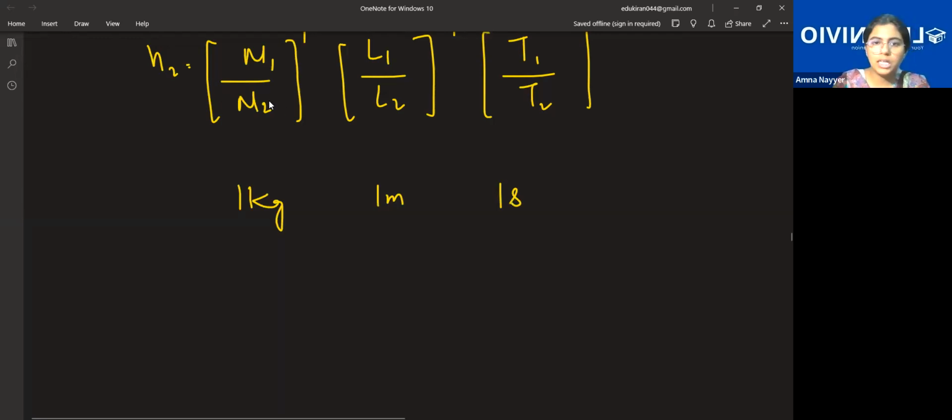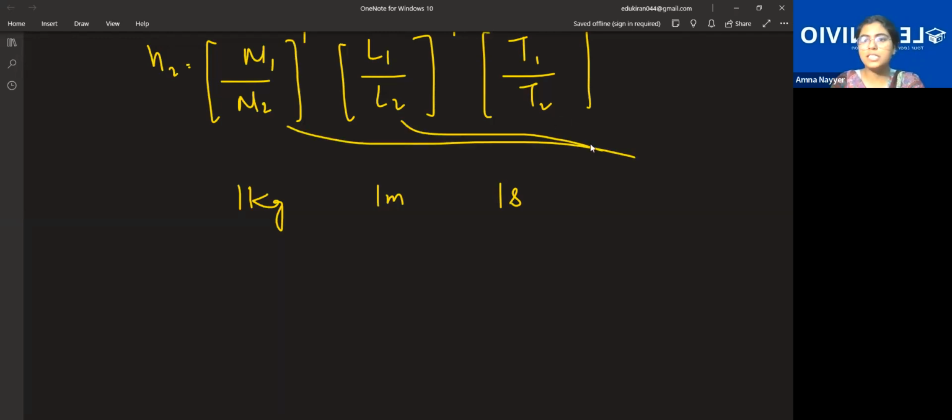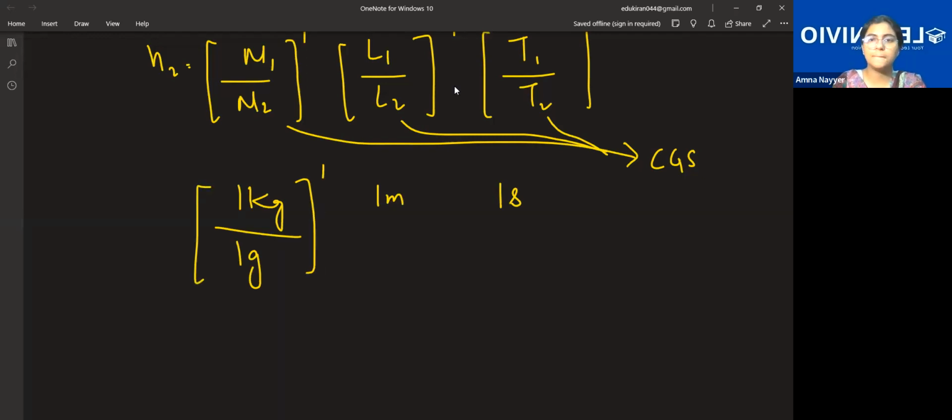Now see, M2, L2, T2 were from dyne, meaning the CGS system of units, and the above are from SI. CGS means centimeter gram second. So M2 will be 1 gram to the power 1.